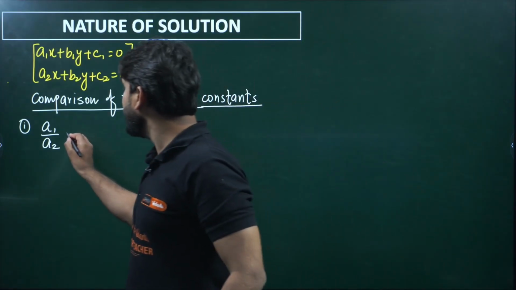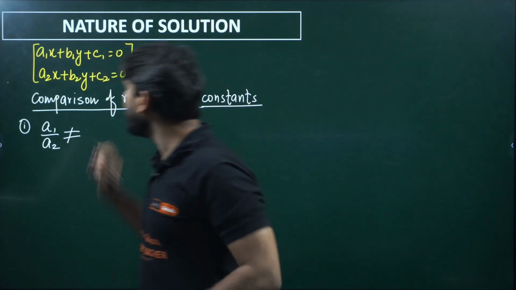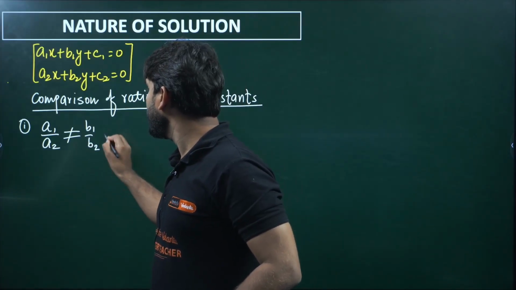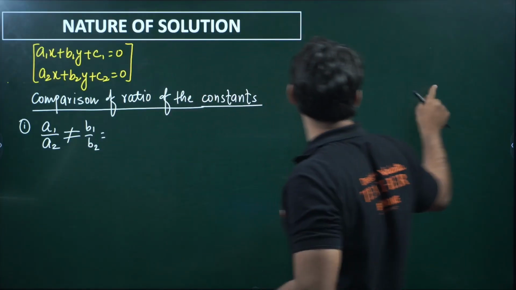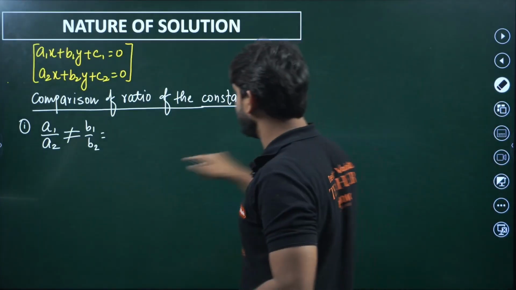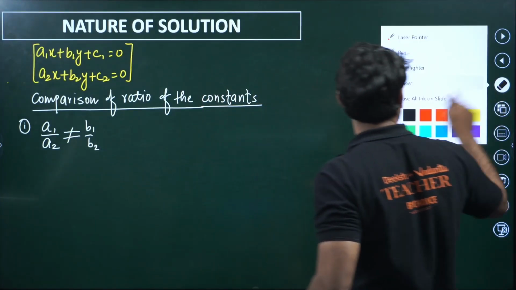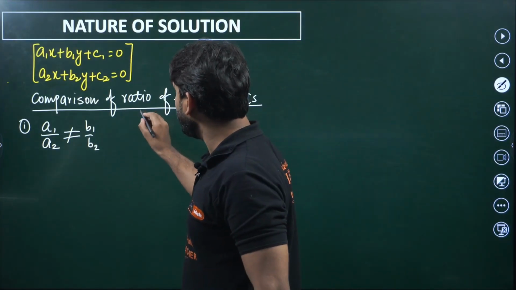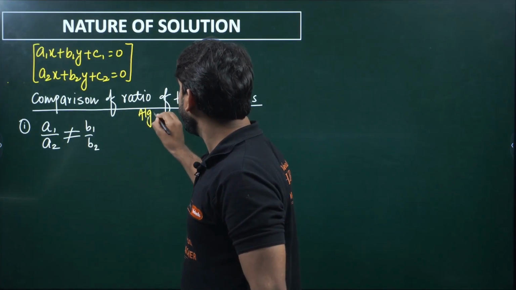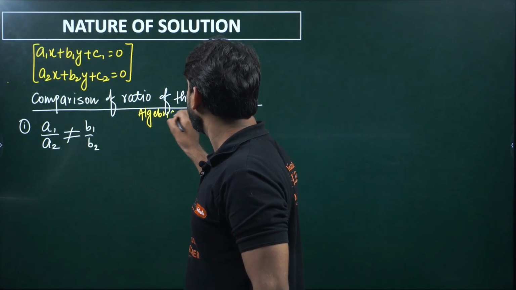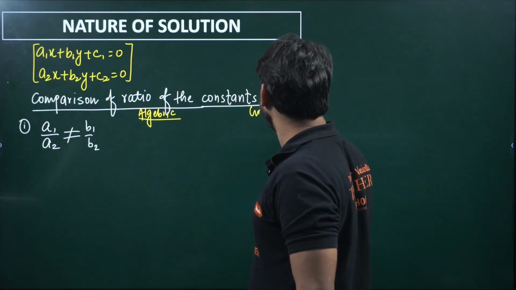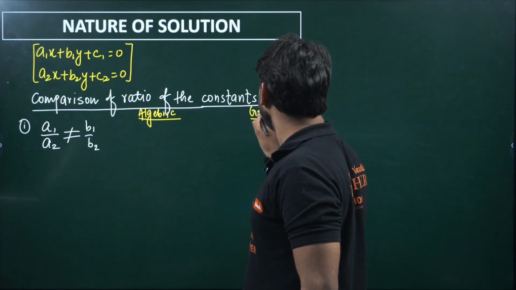So if A1 by A2 is not equal to B1 by B2, my dear champion, it indicates that, let me mention here, simultaneously I am writing algebraic and graphic. What will be the solution?